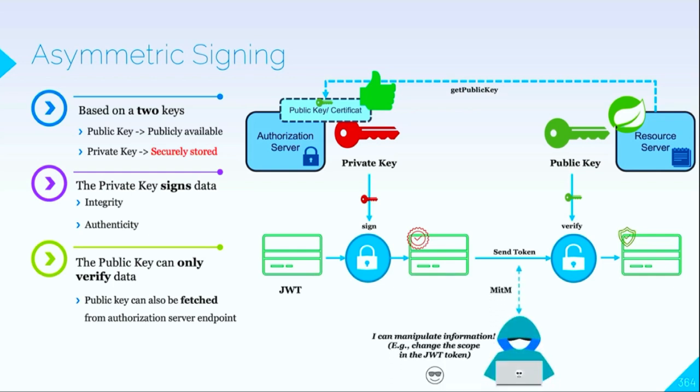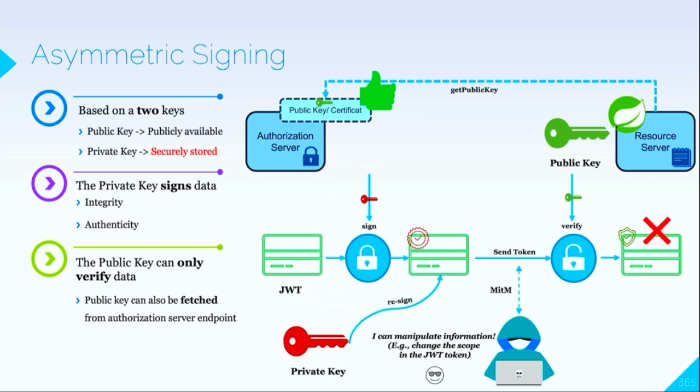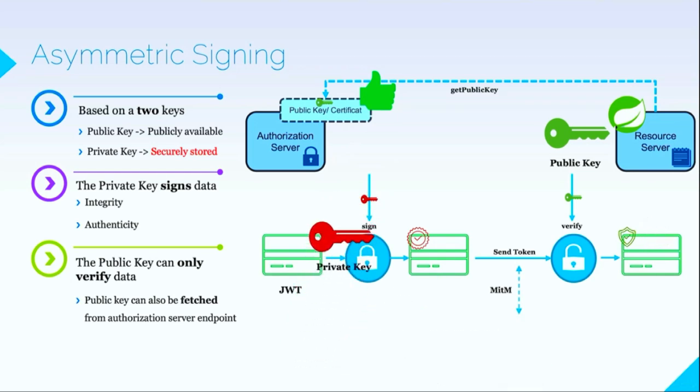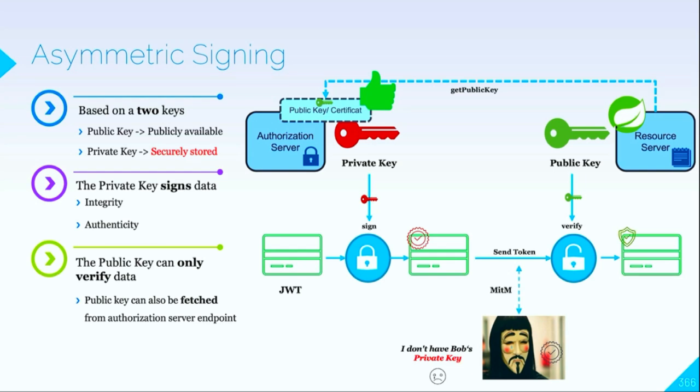Now, the evil guy, the man-in-the-middle attacker, tries again to manipulate the information in the JWT token, for example changing the scope from orders read to orders write. The verification fails again because the information no longer matches the original signature. The evil guy would need to re-sign the token with a new signature that aligns with the altered information. But he doesn't have Bob's private key.